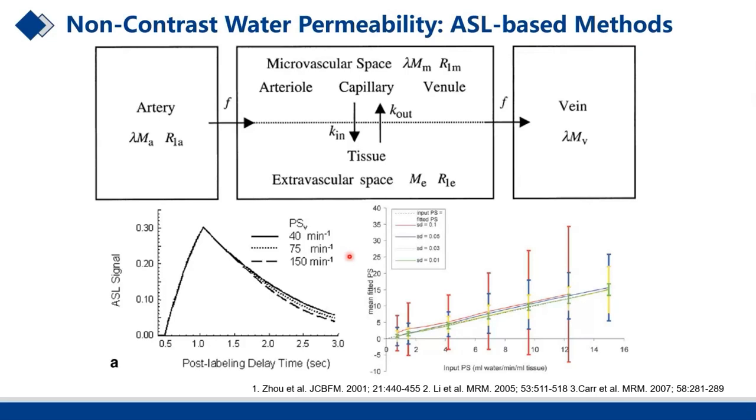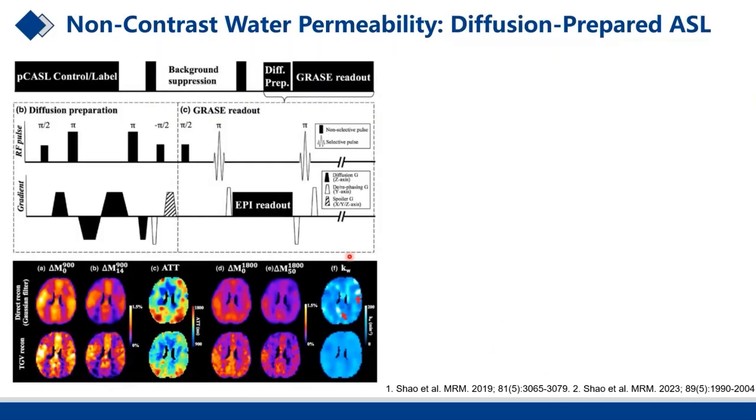So the first one would be the diffusion-prepared ASL. That is, the water spins in the blood compartment and tissue compartment are different in their diffusion property. So you can just insert a diffusion preparation module before your ASL readout. And with this model, you will be able to calculate this water exchange rate. They call it KW.